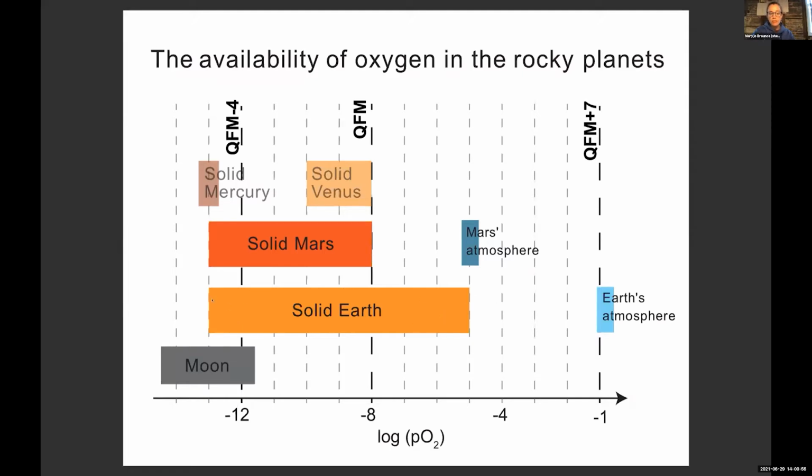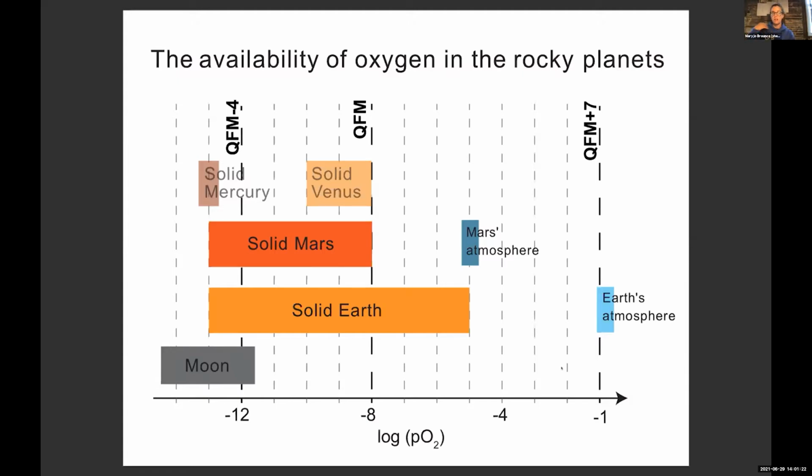It gets as reduced as the most reduced stuff that we find in the solar system, the Moon and perhaps Mercury, but it also gets very oxidized, a high amount of this partial pressure activity of oxygen. And of course, Earth's atmosphere is way over here to the right, where we've got this dioxygen molecule, to a first order because of the presence of oxygenic photosynthesis. And so that is the presence of life.